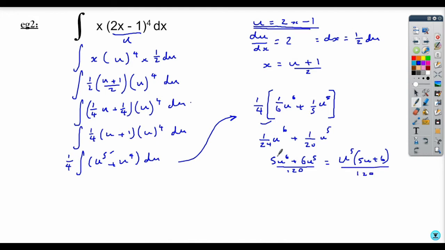All I have to do now is replace the u's with the 2x minus 1.